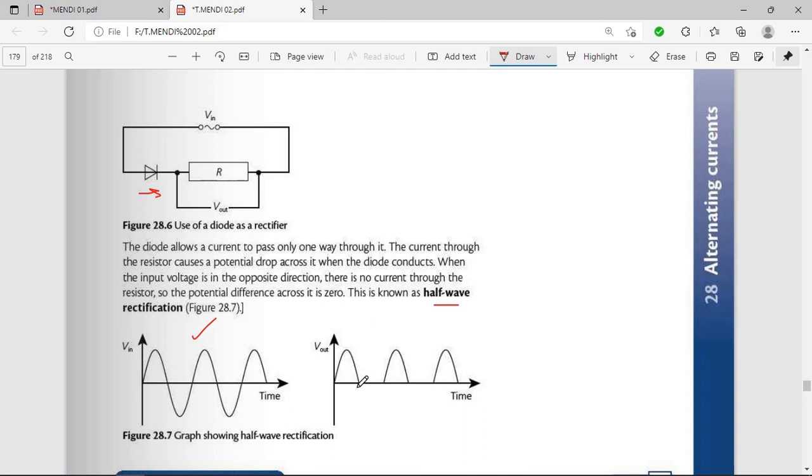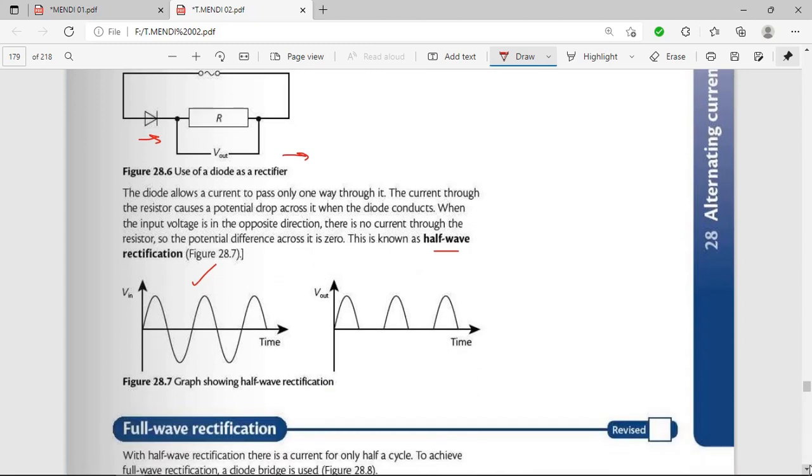We only have the positive part. So the negative, it's like current can't move in this direction. So this V out, you are only taking current in the positive only. The only current moving in this direction. Maybe we can refer to it as the positive. That's why our graph is showing the positive.